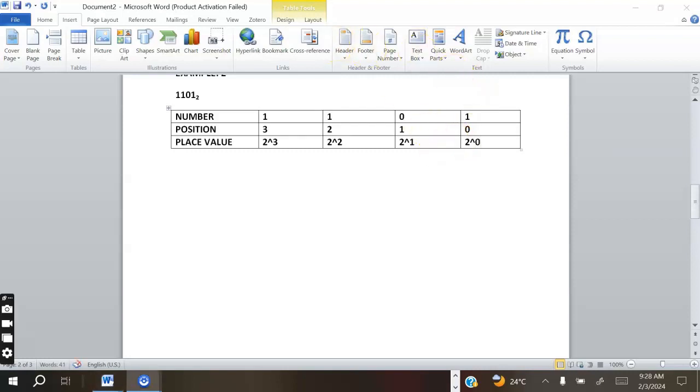As we have said, when you raise 2 to power 0, it gives you 1. 2 raised to power 1 gives us 2. 2 raised to power 2 gives us 4, while 2 raised to power 3 gives us 8. I hope up to that point we are together.